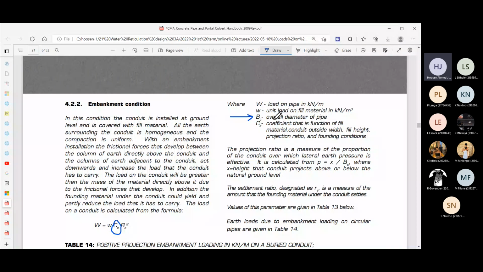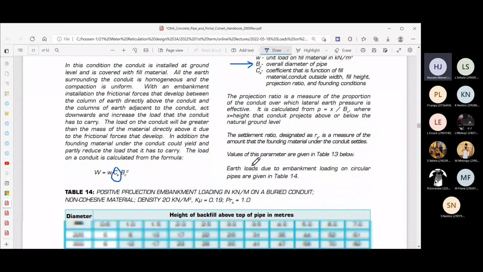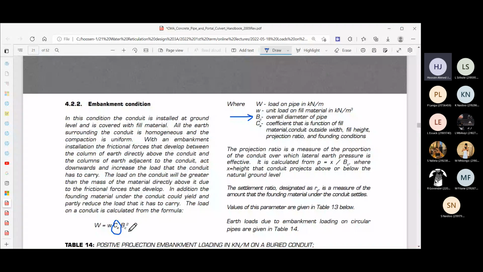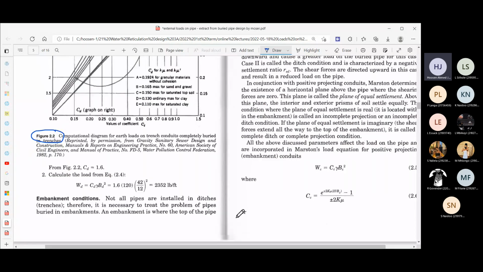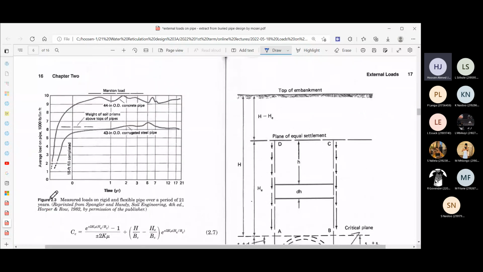Then we have the coefficient CE in this formula. Again, for this coefficient, there's a table that you can look up. In this set of notes, when it talks of embankment conditions, in figure 2.3 you'll be able to look up the value of that coefficient in this table. You can use it.